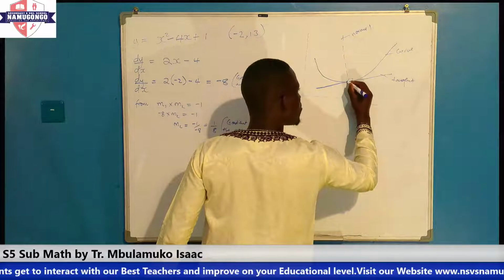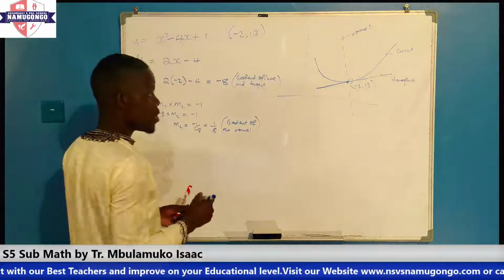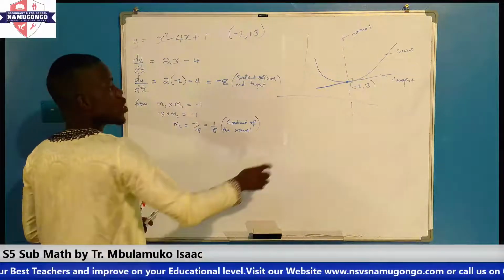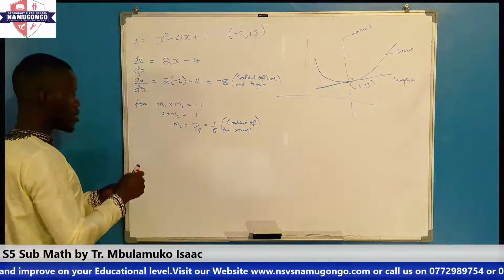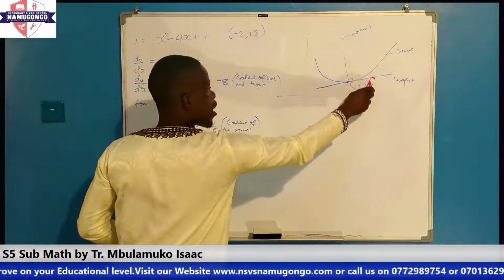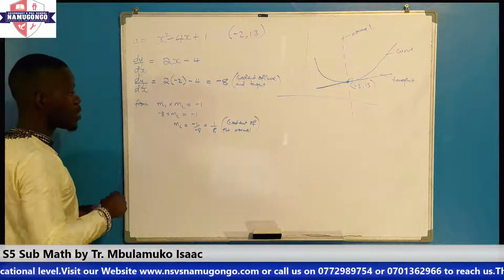All of them are meeting at this point, negative 2, 13. That is a sketch. So if they are all meeting there, they have the same gradient at that point for the curve and tangent, and the negative reciprocal for the normal.